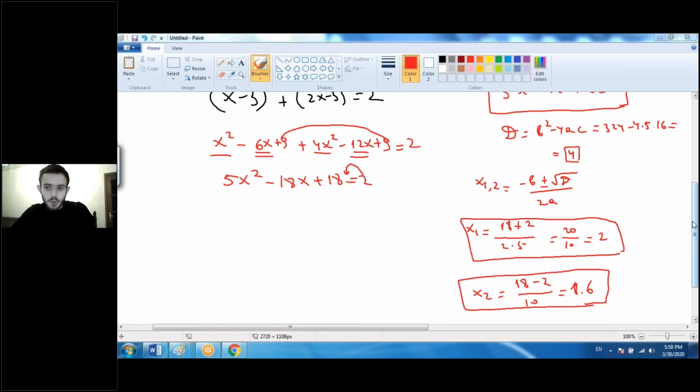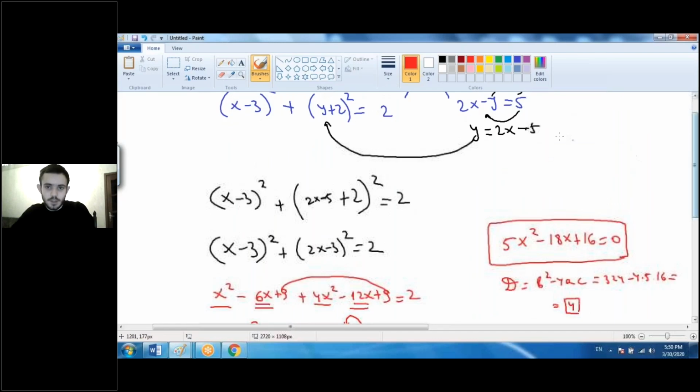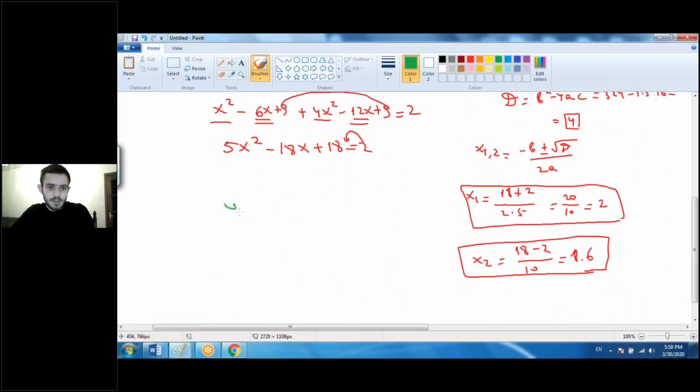And since we wrote in the very beginning that y is equal to 2x minus 5, I can easily find the values of y for each of these x values. So y1 will be equal to 2 times x1 minus 5, which is 2 times 2 minus 5, which is minus 1. The first point is (2, minus 1).